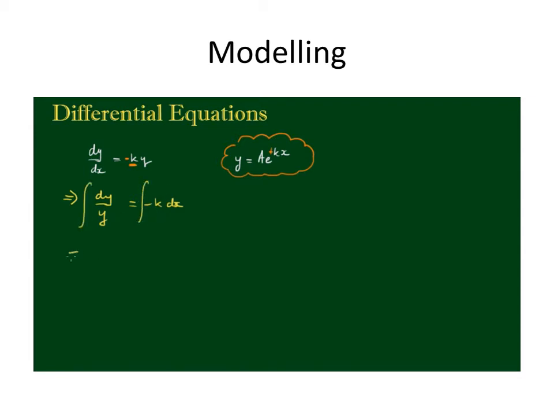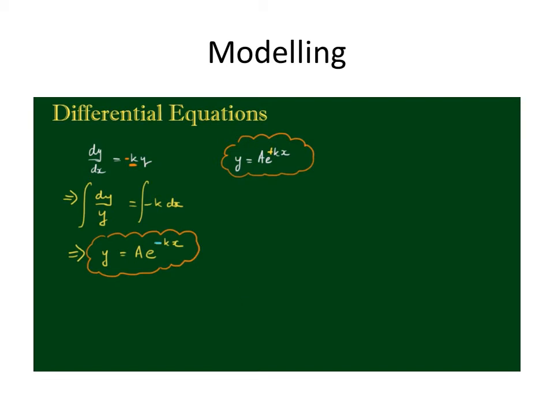Working these integrals through will eventually give the solution y equals a e to the negative kx. So this is an equation that describes exponential decay. We have e to the positive kx modeling exponential growth and e to the negative kx modeling exponential decay.